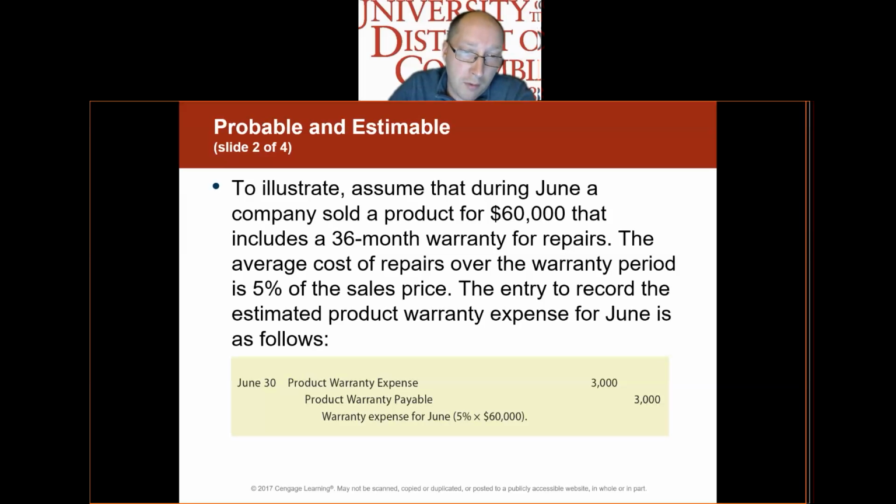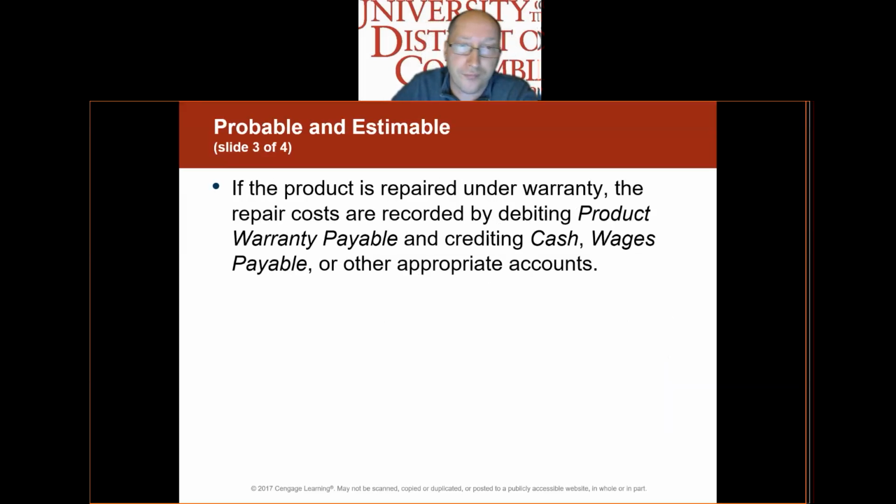The reason why we do these types of estimates is we estimate that we're going to have 5% of our customers make a warranty claim on our sales. If the product is repaired under warranty, the repair costs are recorded by debiting product warranty payable and crediting cash, wages payable, or other appropriate accounts, whatever you used for that repair.